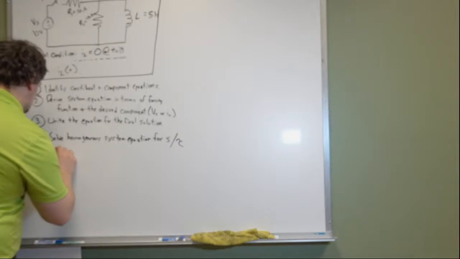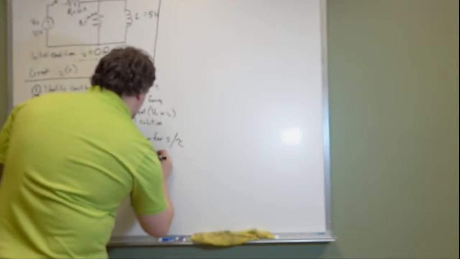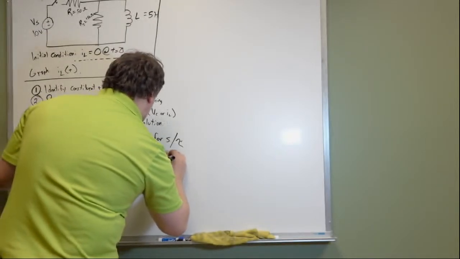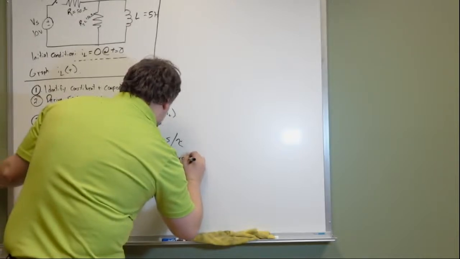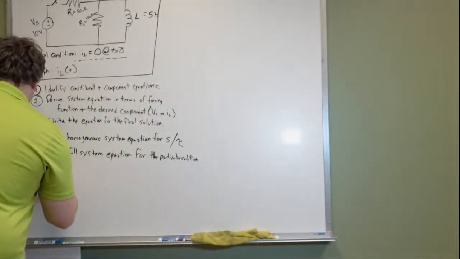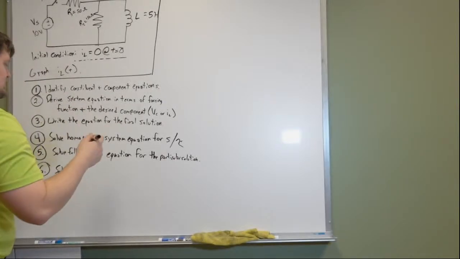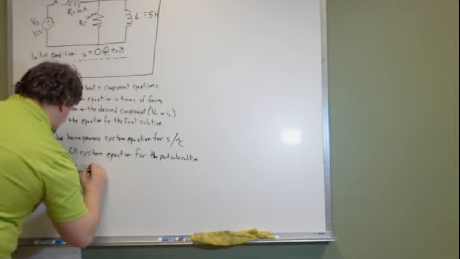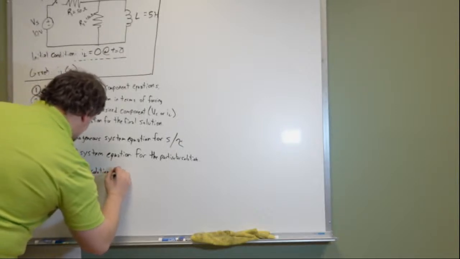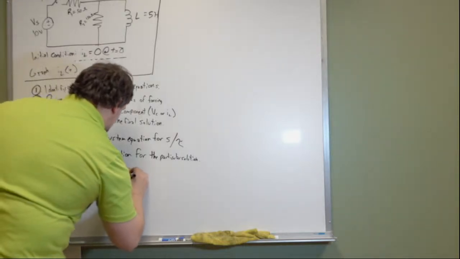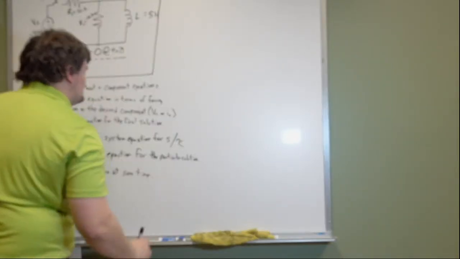Once you've done that, solve the full system equation for the particular solution. And then number 6, solve the final solution at some time to find the final variable.